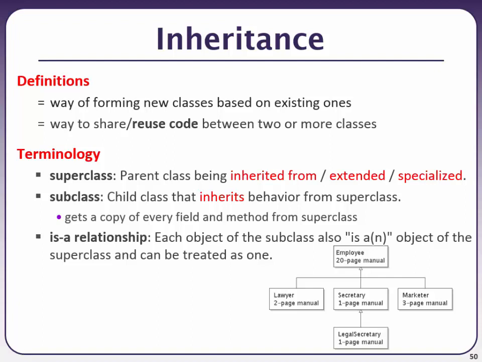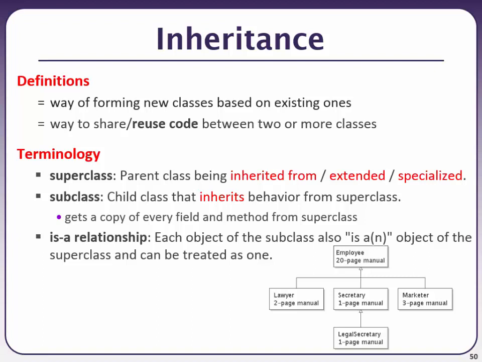You can have a legal secretary that pretty much is everything a secretary is, plus some additional fields and methods needed to handle the specifics of objects of that type of employee. So this would be an inheritance hierarchy. And you can see the superclasses are at the top, pointed to by arrows, and the subclasses point to their respective superclass. And you can have a chain of inheritance relationships.